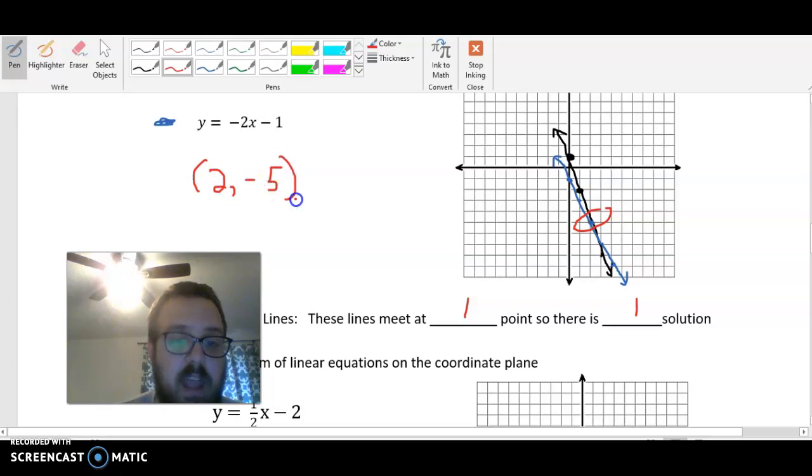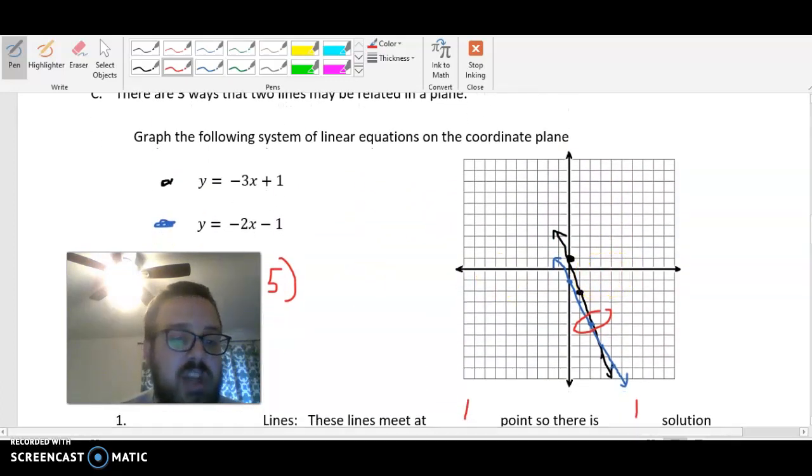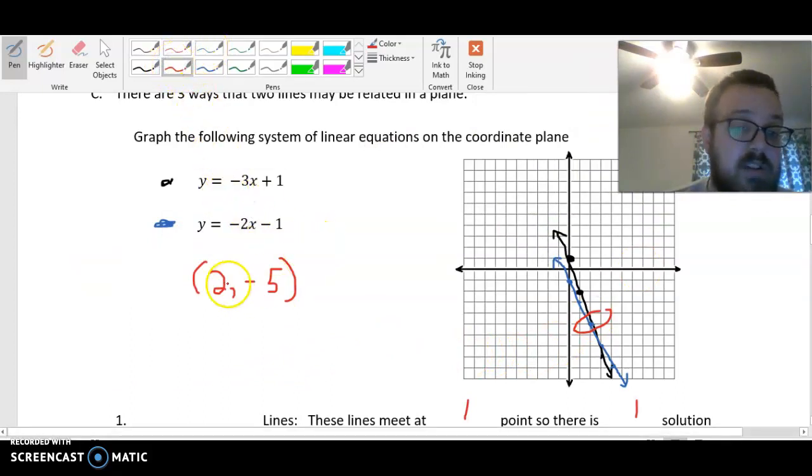Now, if you ask yourself, okay, Mr. Guy, I graphed and found the point, is there a way for me to check if the answer I got makes sense and is correct? Well, to check it, you do just what we did when we checked solutions to our other equations. I can plug this in for x and y and make sure it makes both my equations true. In the top equation, if I plug in 2, I have -3 times 2 plus 1, which equals -5.